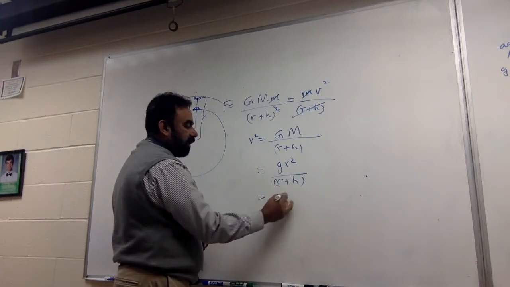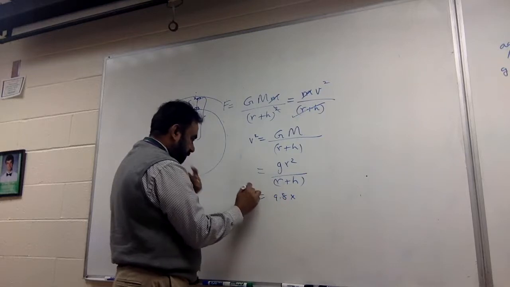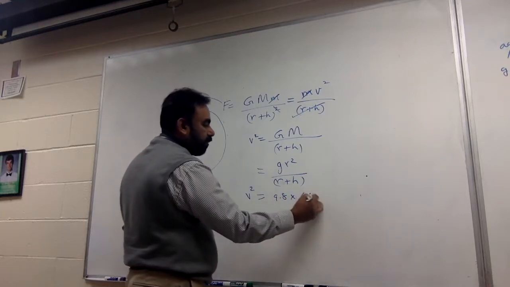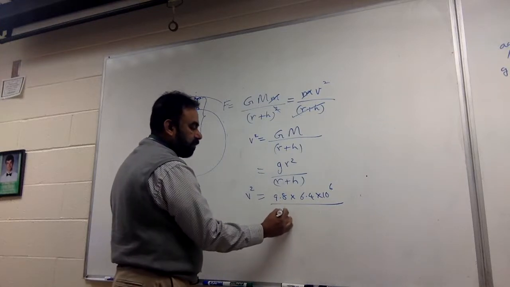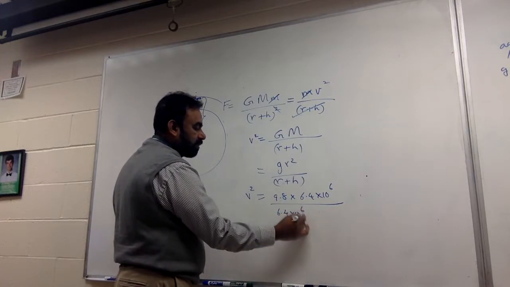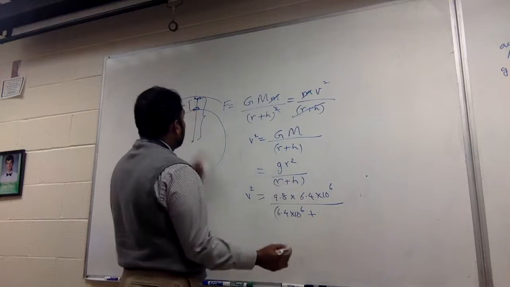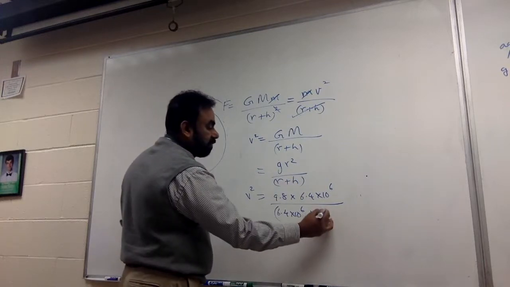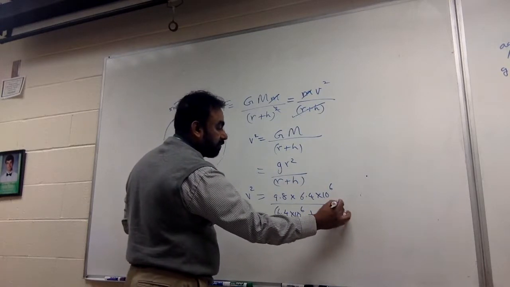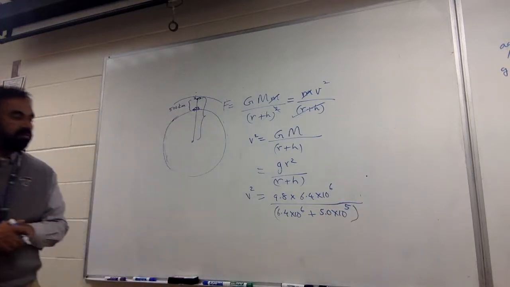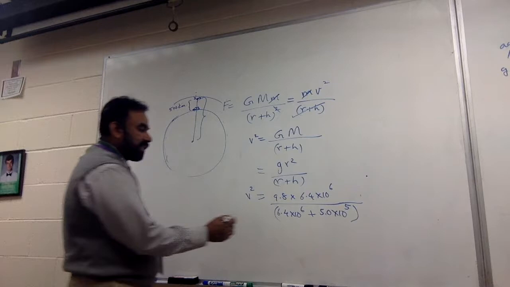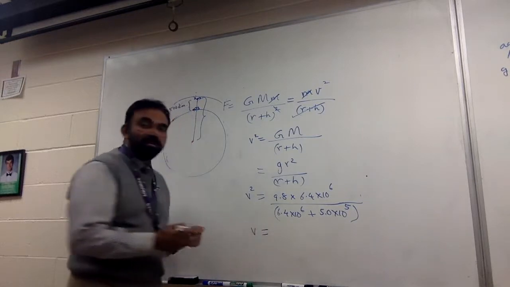It is 9.8 times 6.4 times 10 to the power of 6 over 6.4 times 10 to the power of 6 plus 500 kilometers, 5.0 times 10 to the power of 5. Can you do this calculation and let me know what is that speed?